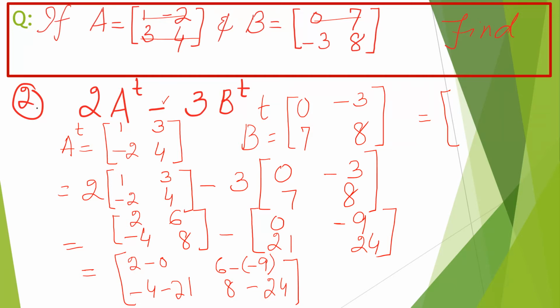So it will be 2 minus 0 will be 2, and then this will be plus. See, minus minus plus. Here we are doing multiplication, so it will be 15, and then this will be minus 25, and then this is my negative 16, right? And this is your answer.